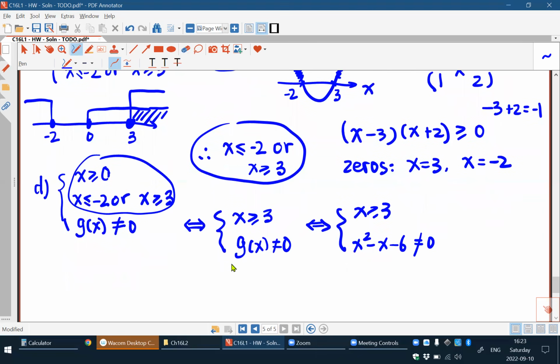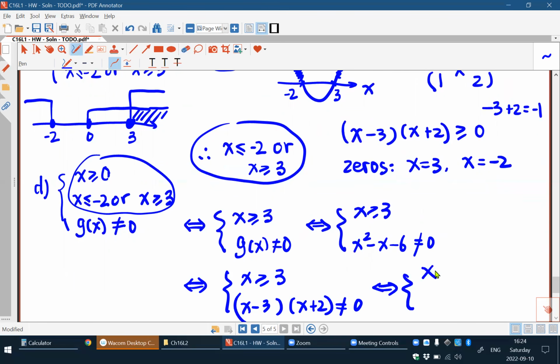And we have already factored this expression. That means x is greater than or equal to 3, and x minus 3 times x plus 2 cannot be 0, right? That means x cannot be 3, and x cannot be negative 2, right? So simplify to this.